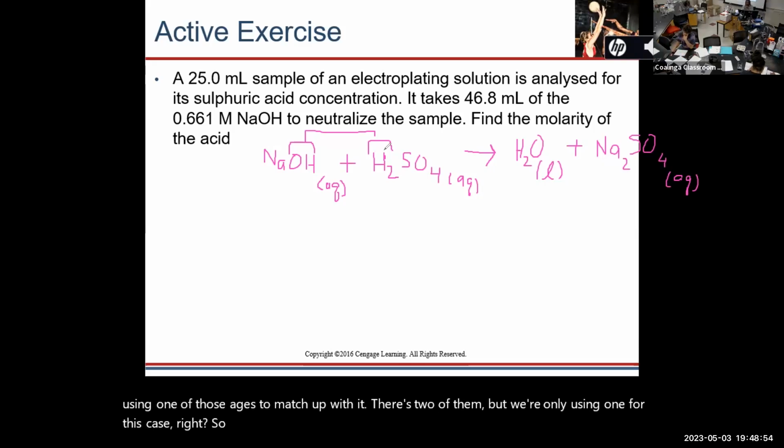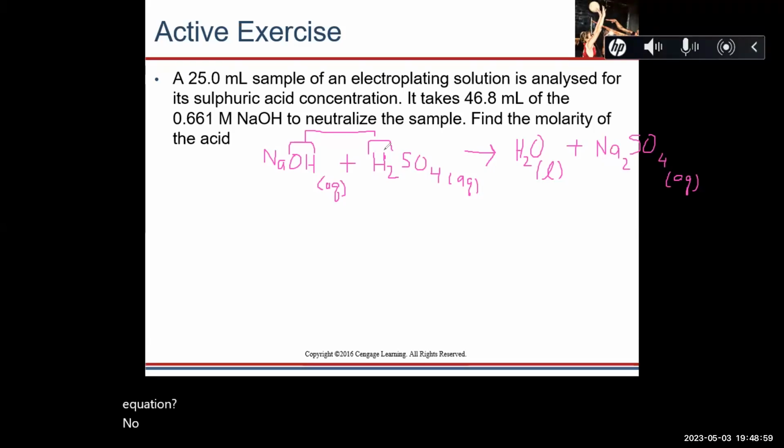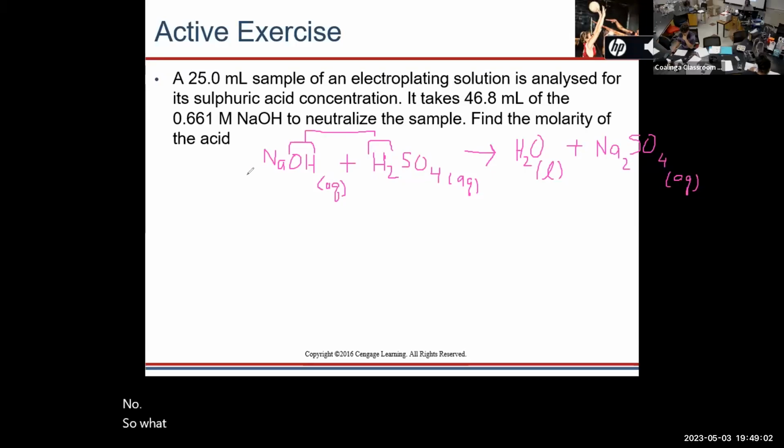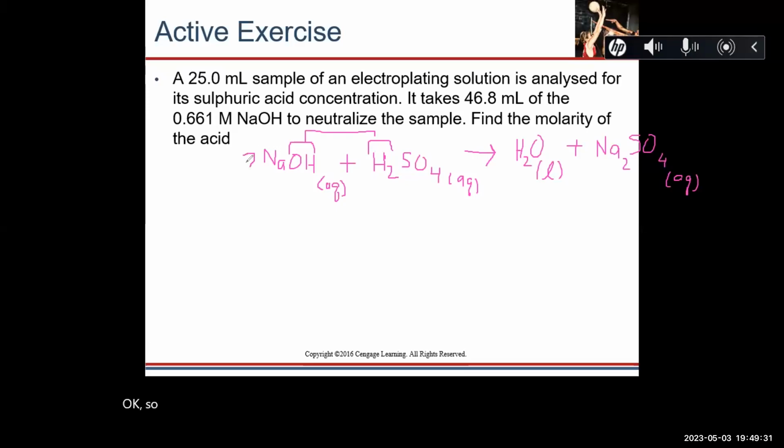So that's going to bring us to our next question. Is this a balanced chemical equation? No. So what do I need to do to balance it? You would start off by putting a 2 there.